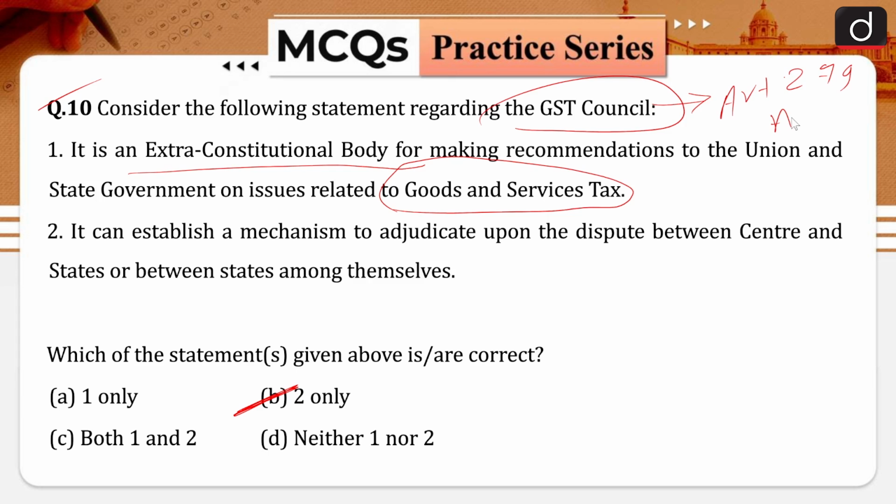So that is why your statement number 1 herein is incorrect, because it states extra constitutional body, but it is not an extra constitutional body, rather it is a constitutional body that has been established under Article 279A of the Indian Constitution. The GST Council is chaired by the Union Finance Minister. The center has 1/3 voting power and the states have 2/3. The decisions are taken by a 3/4 majority.